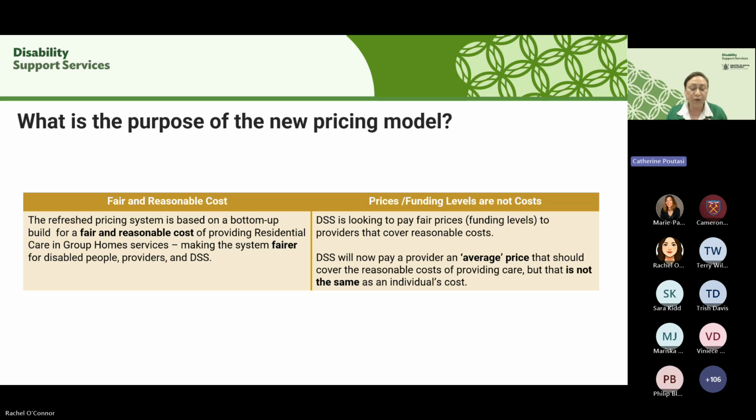There have been multiple pricing models, and now we're focused on providing fair and reasonable costs, and also the funding levels are not the same as costs. So DSS is looking to pay fair prices or funding levels to cover reasonable costs. So we will pay providers an average price that should cover the reasonable costs of providing care, but it's not the same as the individual's costs.